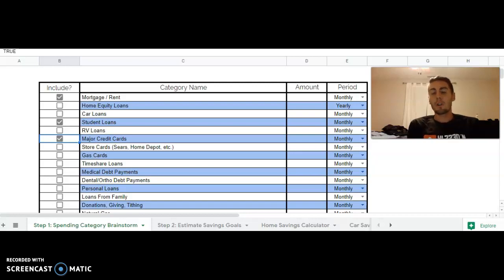Now, I've helped a lot of people with money management, and here's one thing that I've noticed almost every time. When you ask somebody how much they're spending in certain areas, or how much they're spending in general, usually they're wrong. The reason is that there's a difference between fixed expenses and variable or periodic expenses.